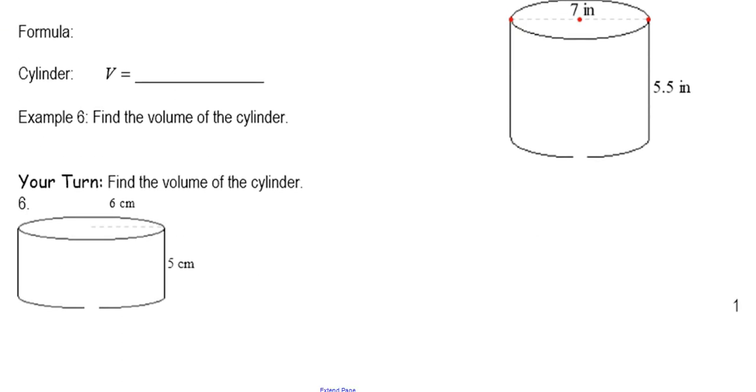And then finally, to find the volume for a cylinder, it's going to be pi times the radius squared times the height, where the radius in this example would be 3.5. So the volume would be pi times 3.5 squared times the height, which is 5.5.